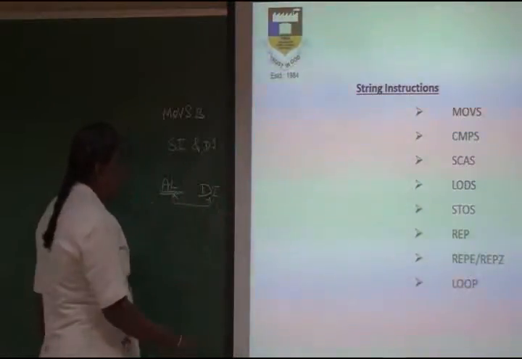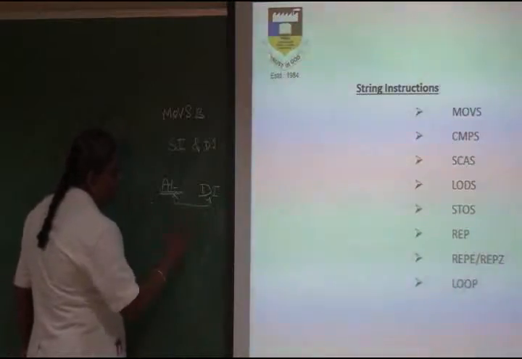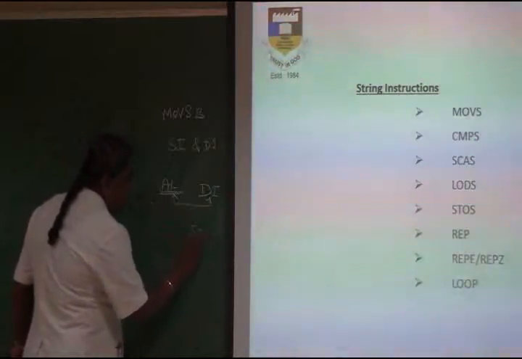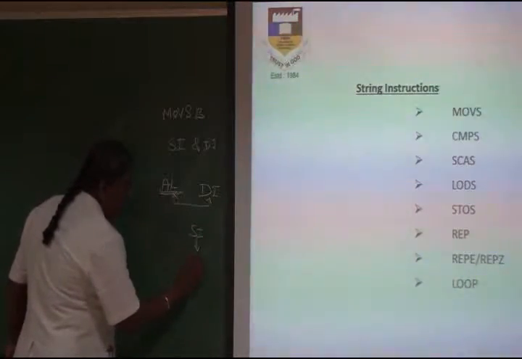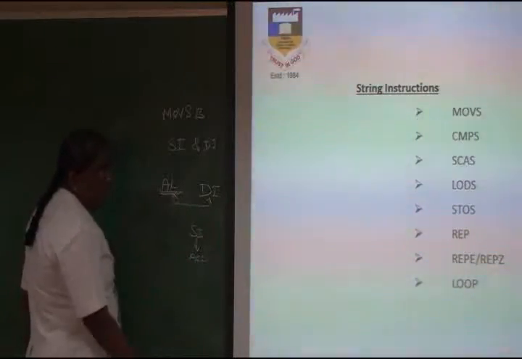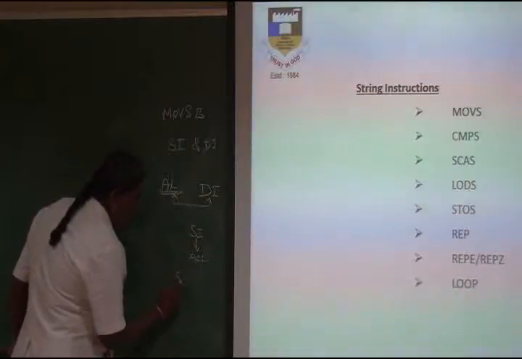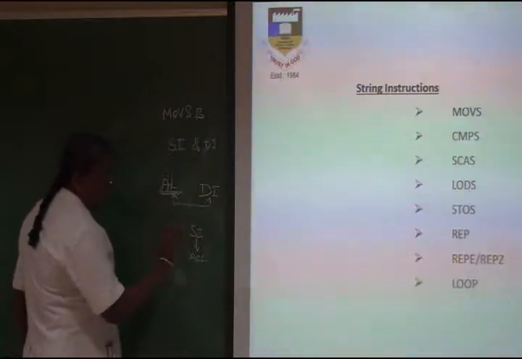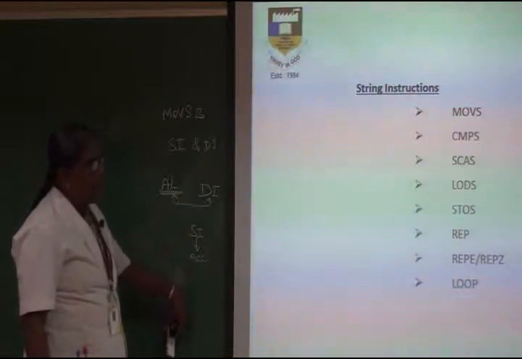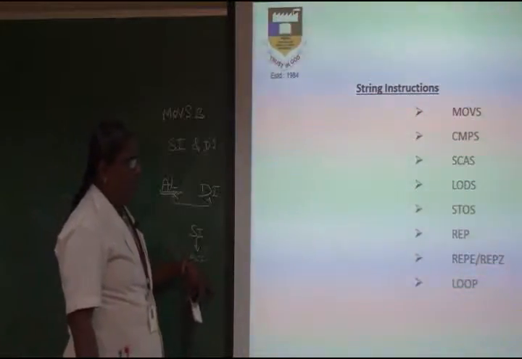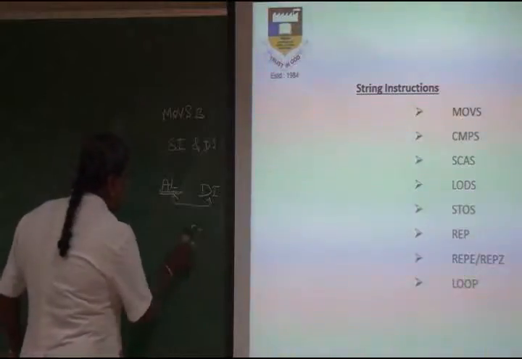Load means it will transfer the data from the memory pointed by SI register to the accumulator. And store means the contents of the data in the accumulator will be stored in the memory pointed by DI register. And next is repeat.